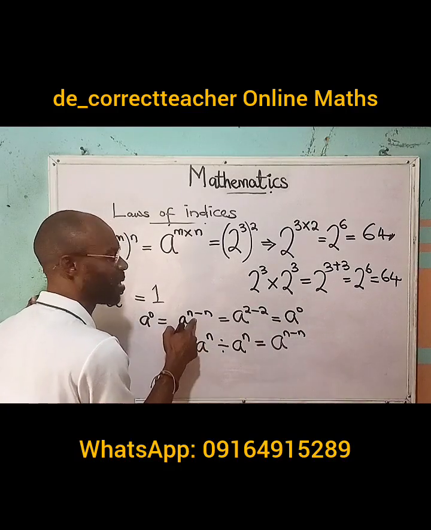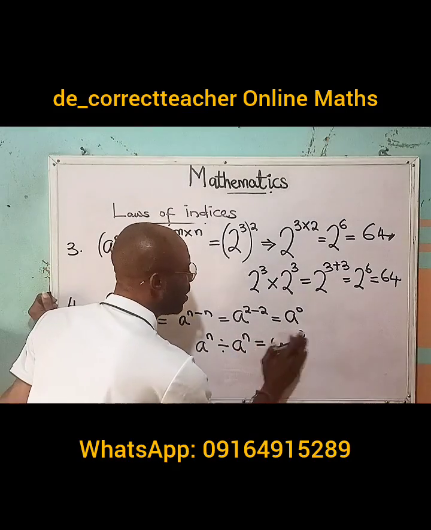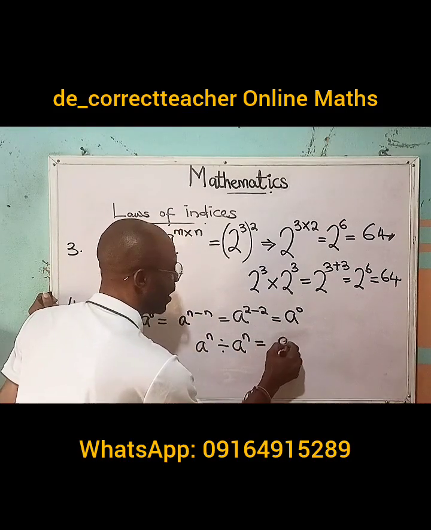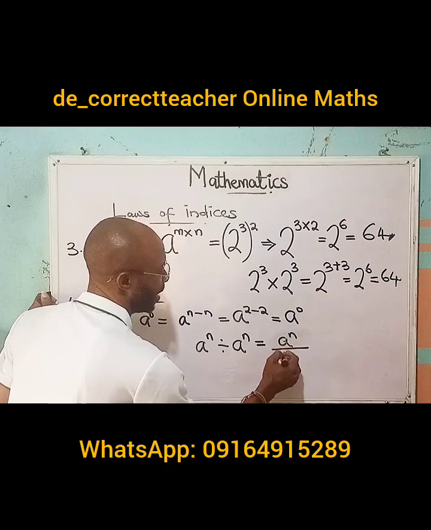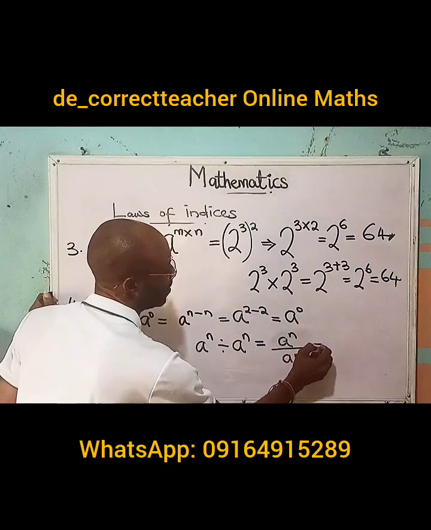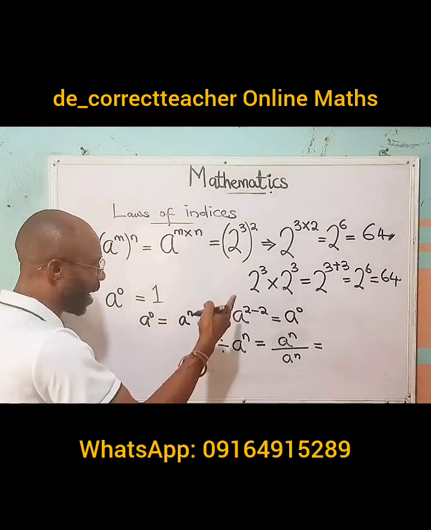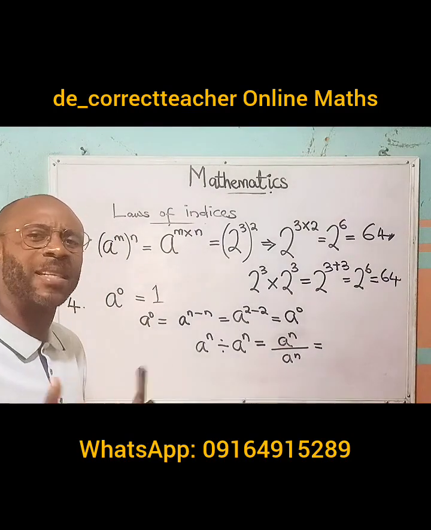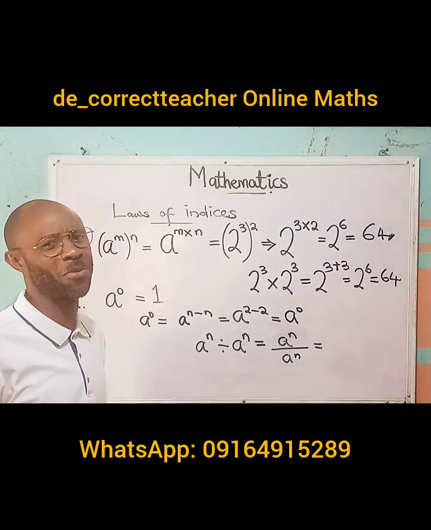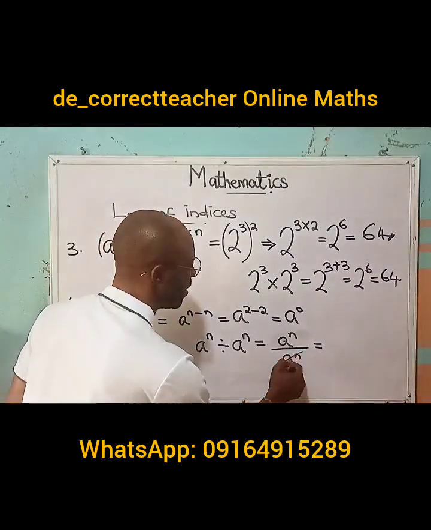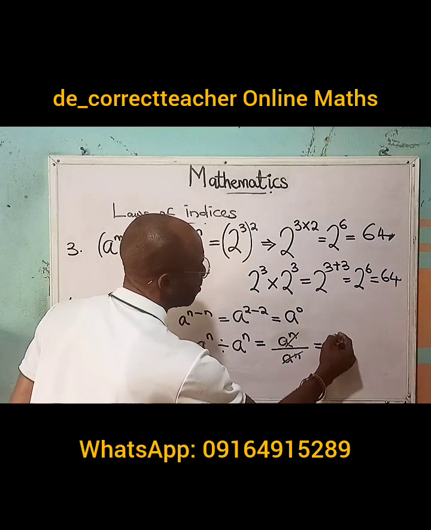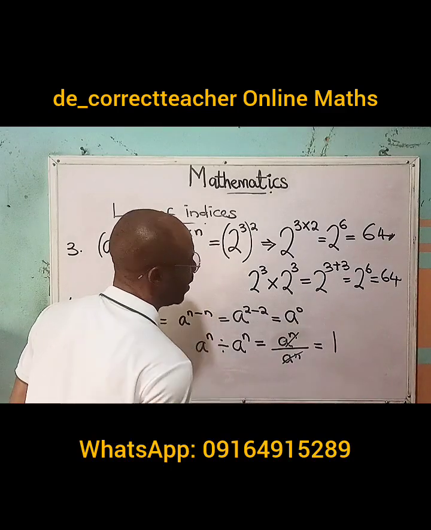So it's the same thing as this. But now, let me write this like this: A^N divided by A^N, which is the quotient rule. Look at it. If we divide anything by itself, it's going to give us 1. So this divided by this, we are going to have 1.